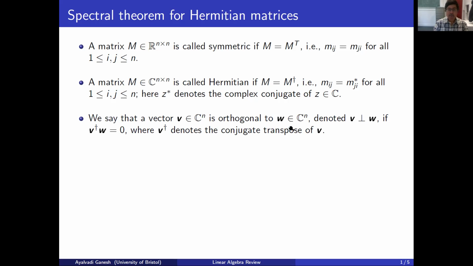So V and W are column vectors, and they are orthogonal if V dagger W is 0. V dagger is the vector you get by taking the transpose of V and taking the complex conjugate of each element. So this is the conjugate transpose of V, and this is how inner products are defined over complex vectors.